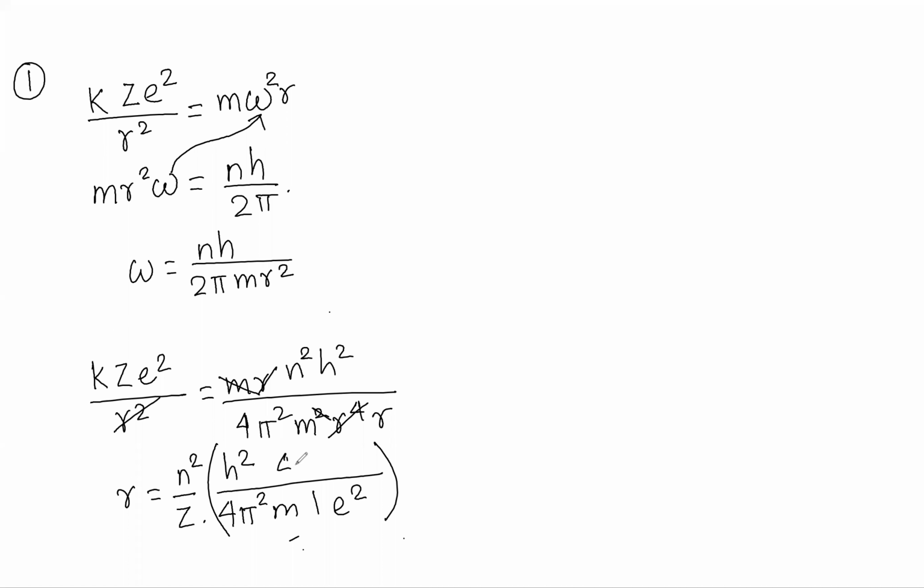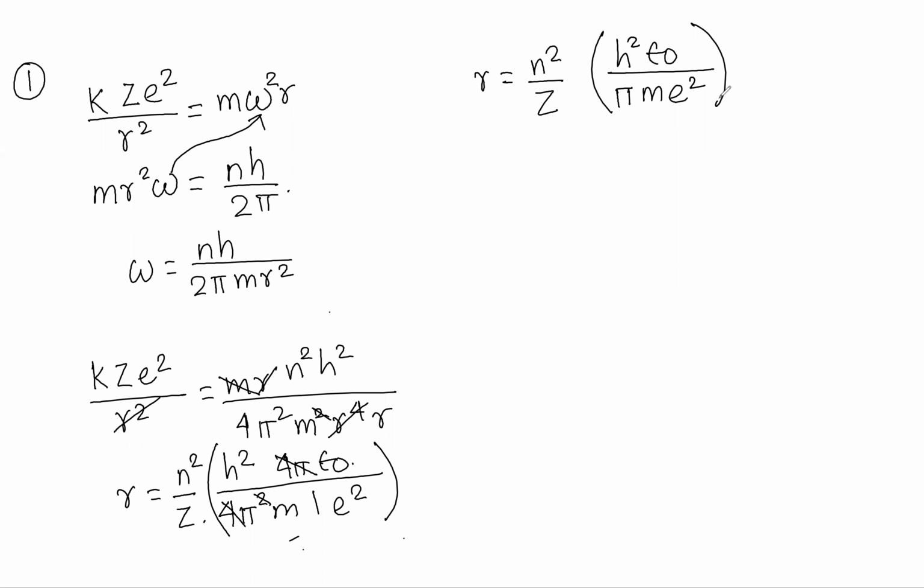So 4 pi cancels with 4 pi square to just simply give you pi. So you can write that r is equal to n square divided by z, h squared epsilon 0 divided by pi m e square. All of these terms on the right, h, epsilon, pi, the mass of an electron, and the charge of an electron, all of these terms, they're actually constants.